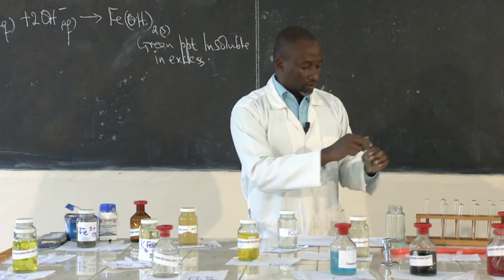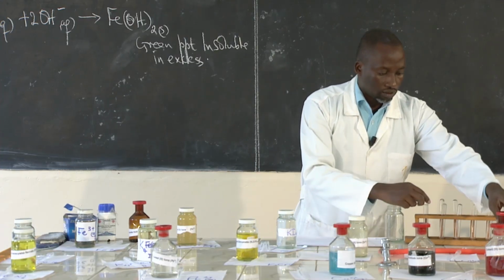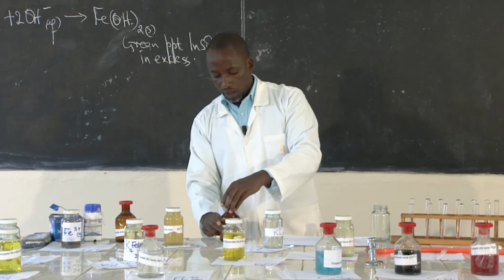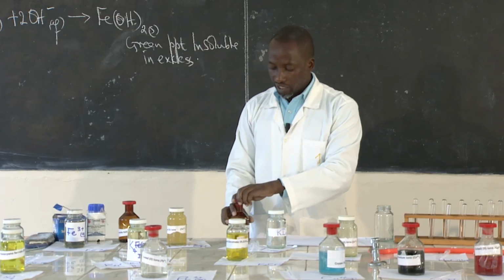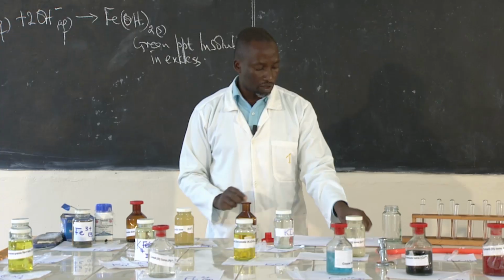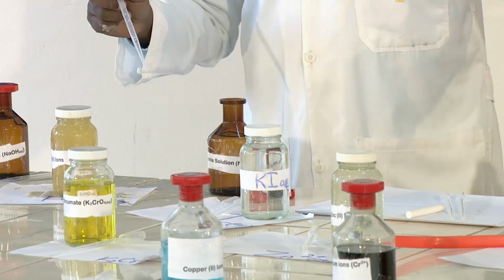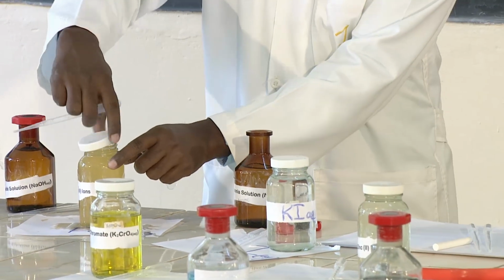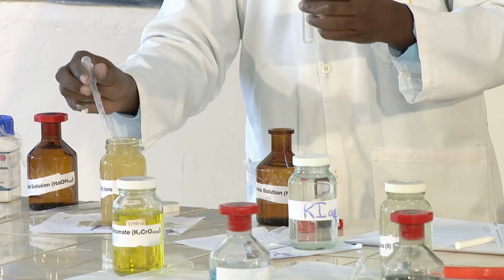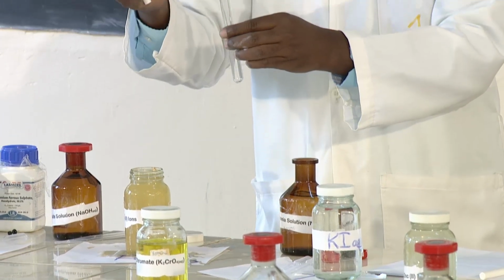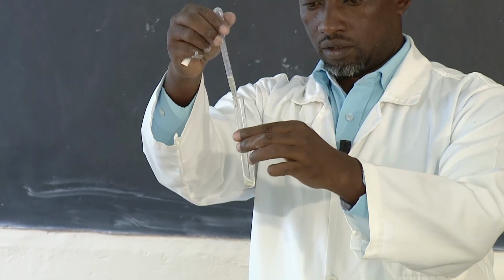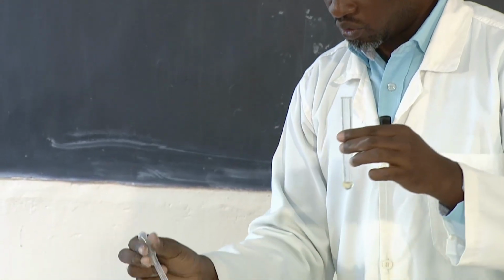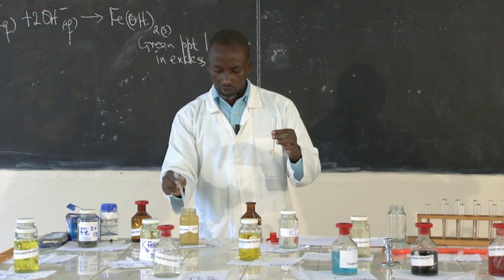So in the next, we are just going to look at the effect of ammonia solution. This is ammonia solution, and then with the same reagent, with the same iron 2, we'll see what happens. Please, I said you don't need to use a lot of solutions with this qualitative.